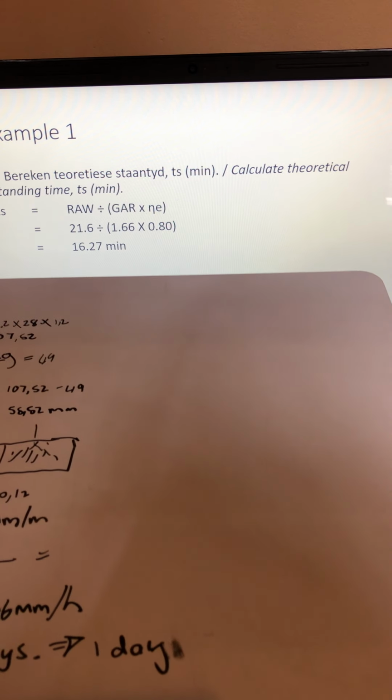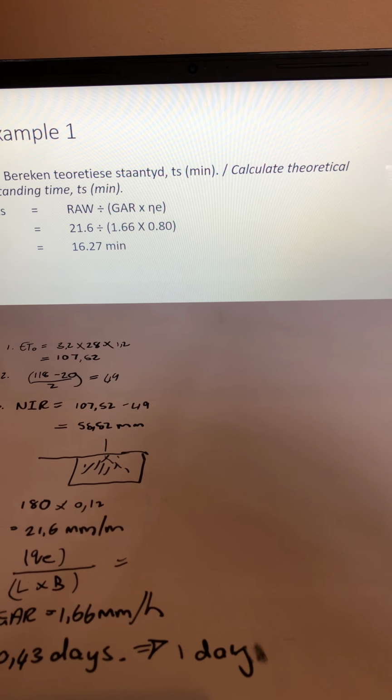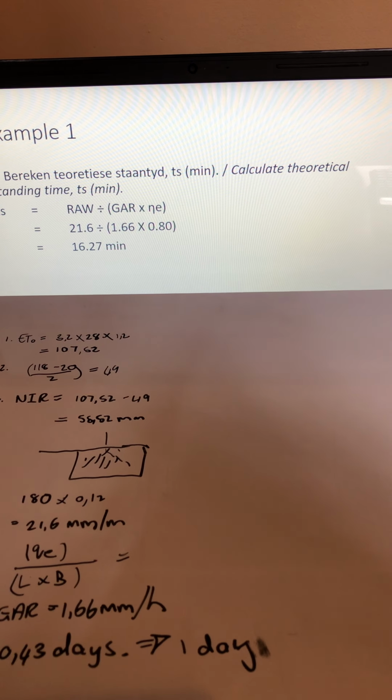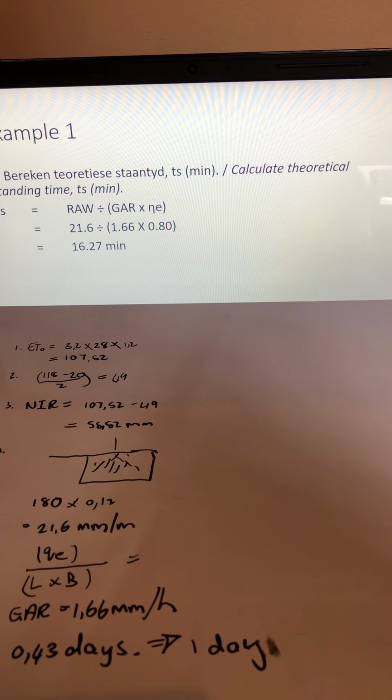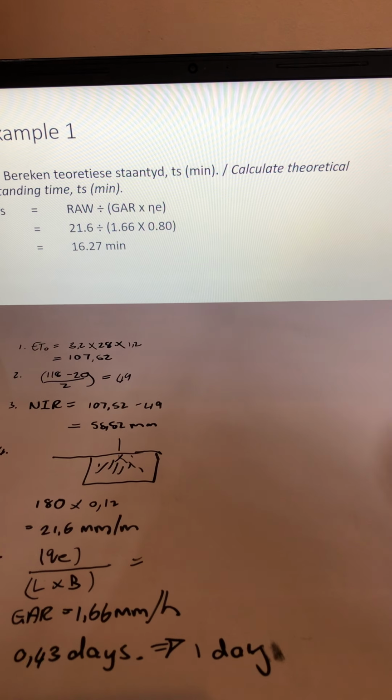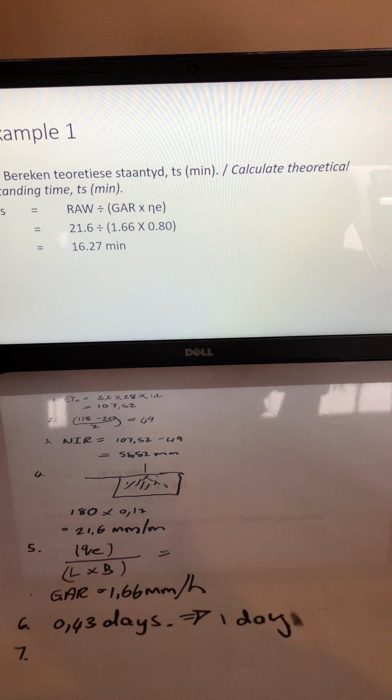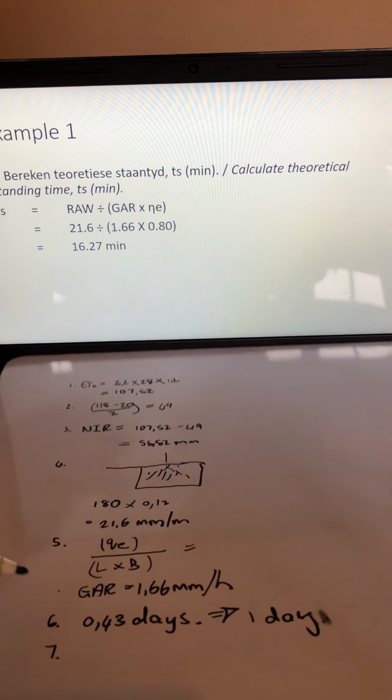So the second last one, the theoretical standing time. What's meant by standing time is per time that you irrigate. So for one cycle, if you irrigate once, how long are you going to allow that system to stand?